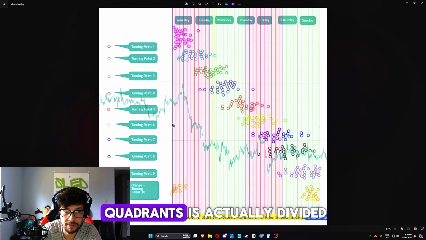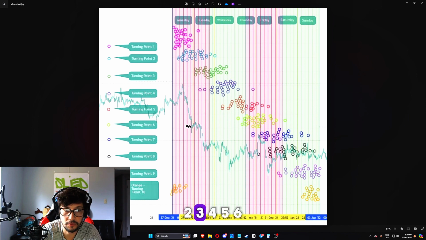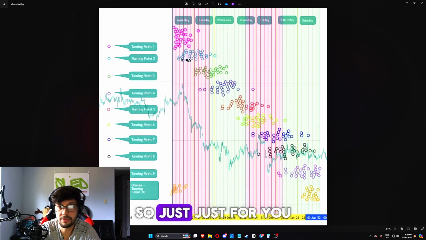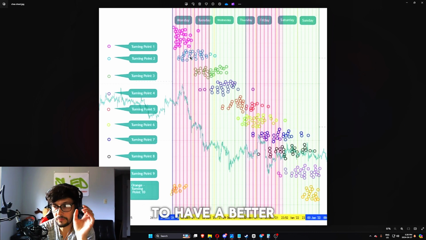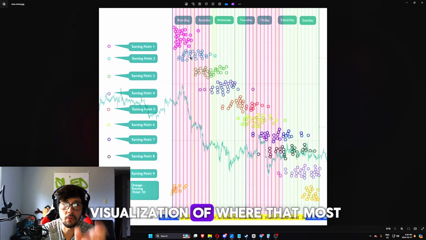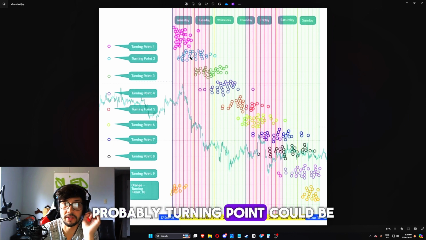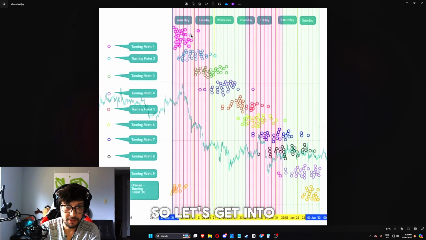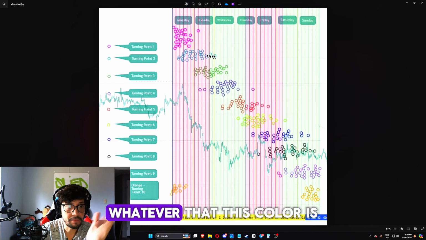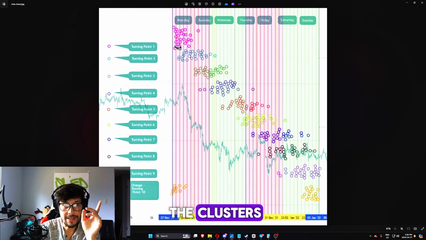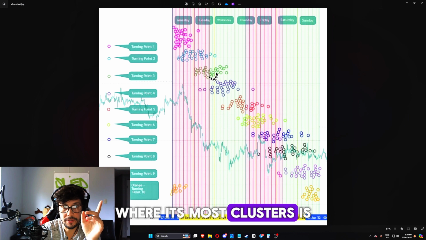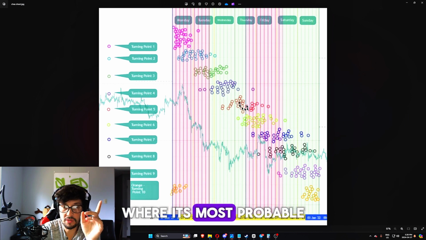Each one of these quadrants is actually divided into 10 lines, so you have a better visualization of where the most probable turning point could be. Let's get into turning point 1, in pink. As you can see, where there are the most clusters is where it's most probable to land.